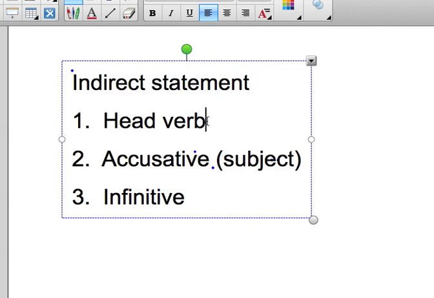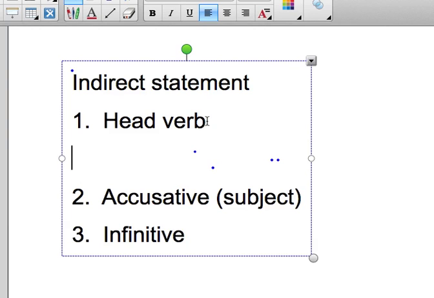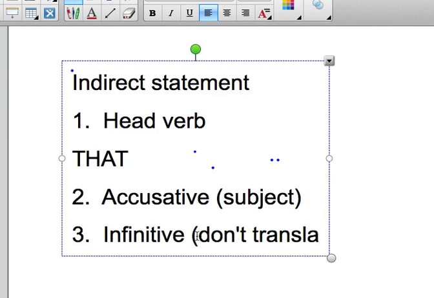And as you saw in the two examples I did, for translation purposes, you are going to want to translate the word that after your head verb, but before your accusative subject. And that will give you an indirect statement. And of course, this infinitive, you're not going to translate like an infinitive.